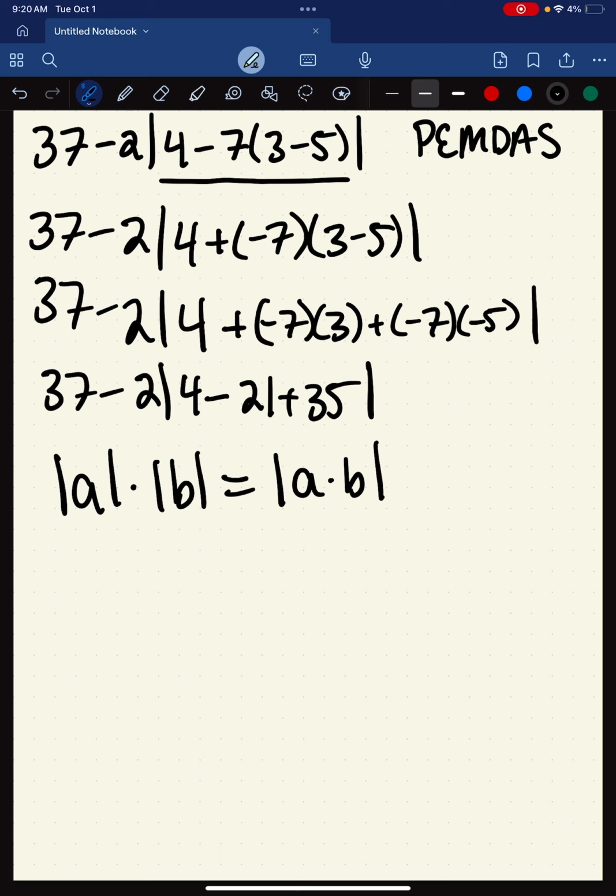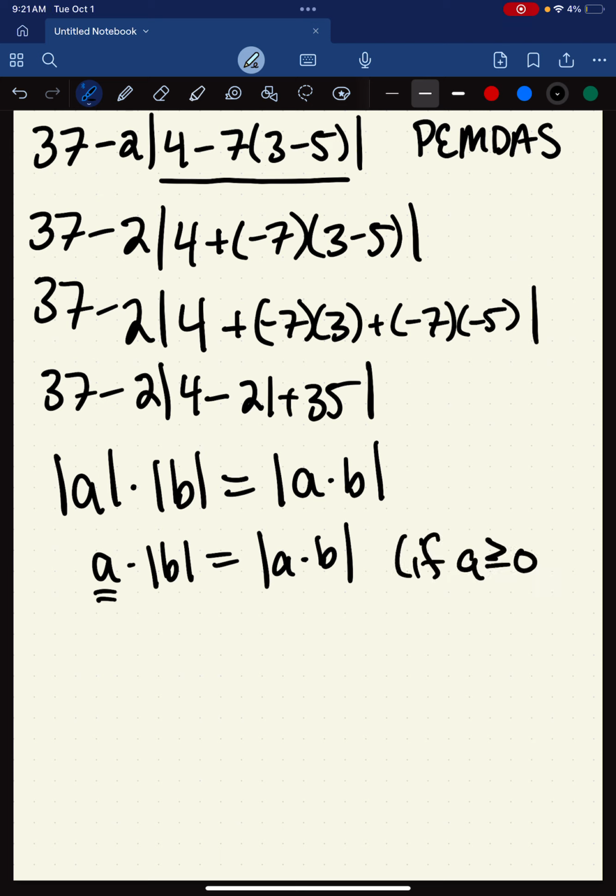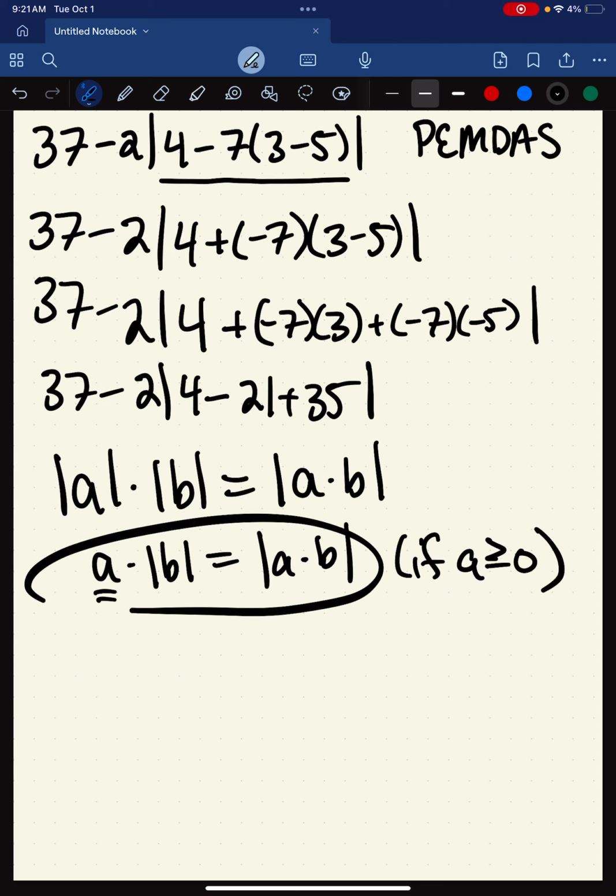Now, this works. We can say A times the absolute value of B is equal to the absolute value of A times B if A is positive. So that is if A is greater than or equal to 0. It could be 0.